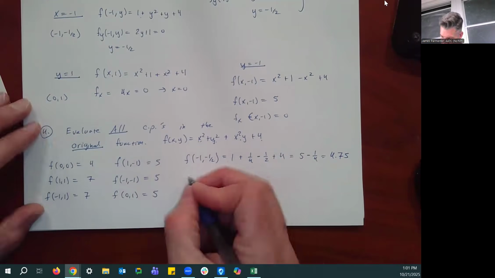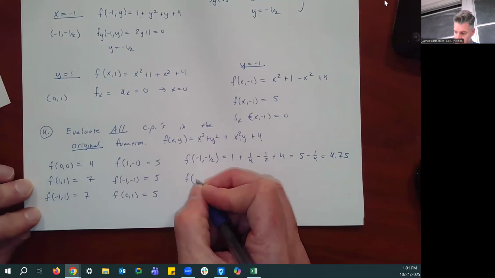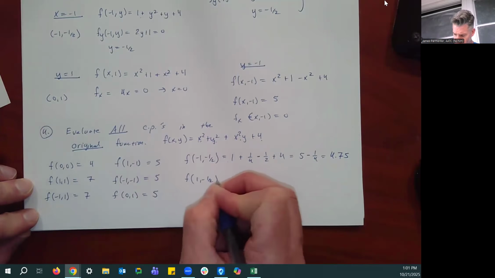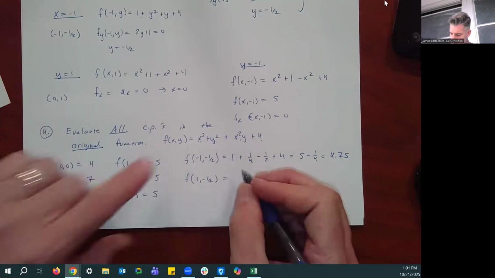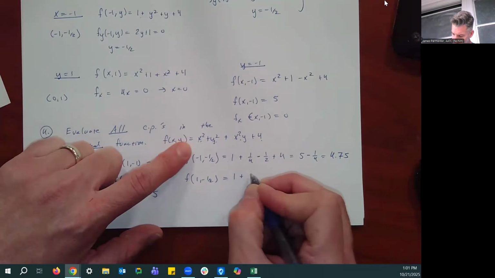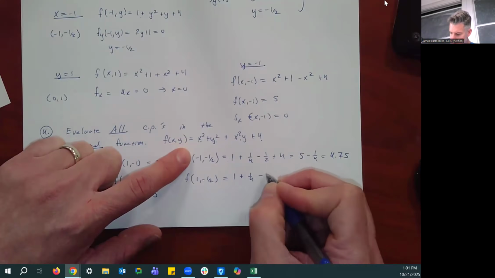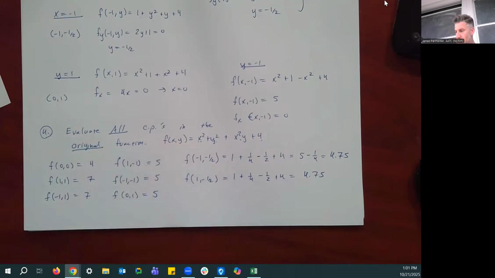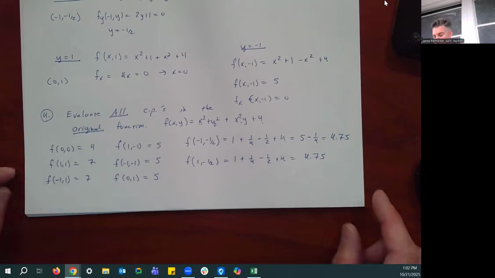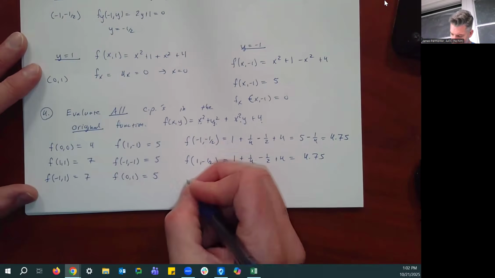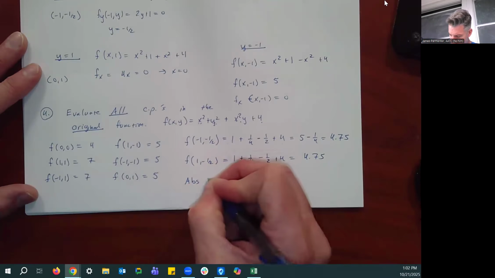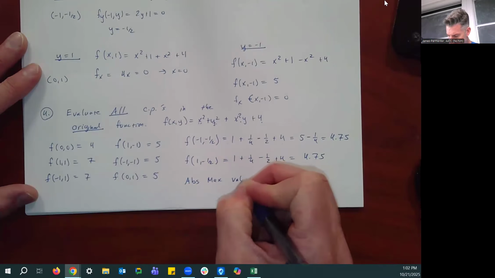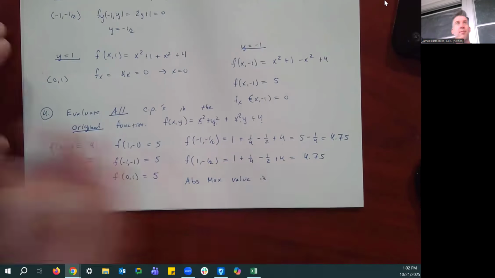Okay. And then f of negative 1 comma negative 1 half probably gives you the same result. Let's check. Plugging in 1, we get 1 plus 1 fourth. Still minus a half, still plus 4. So yeah, it's the same thing. Okay, so I would say the following. We have absolute maximum value is what? 7.